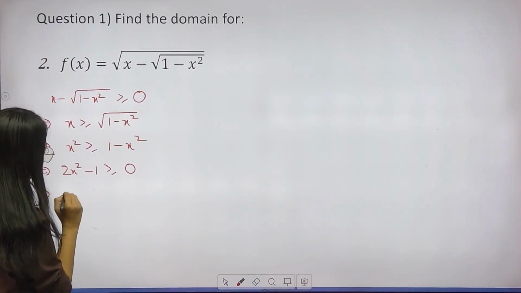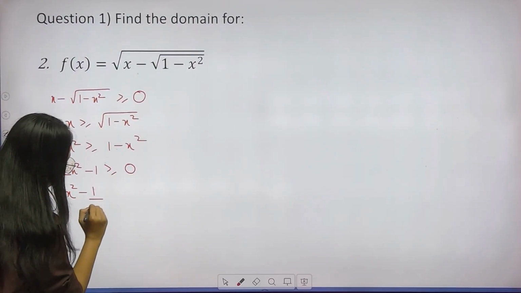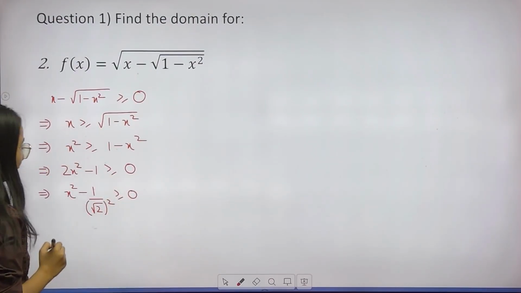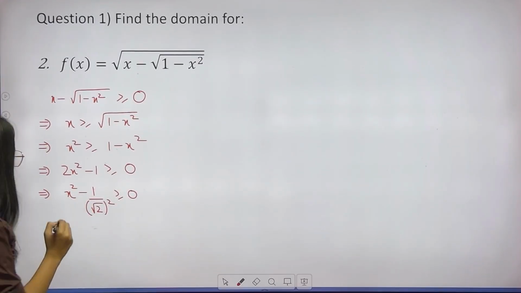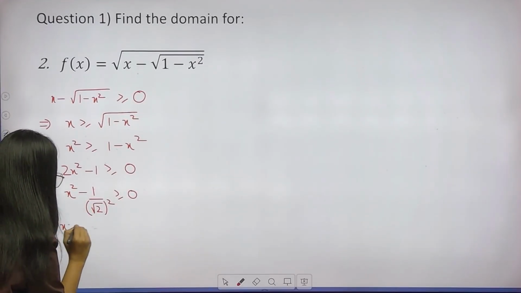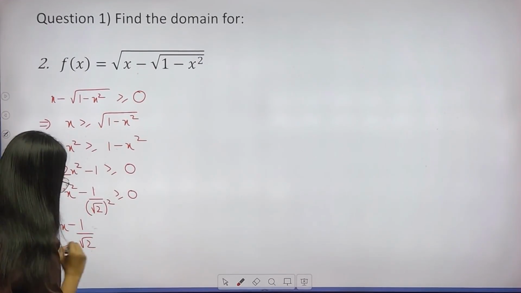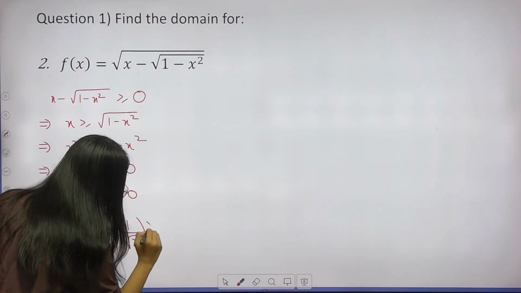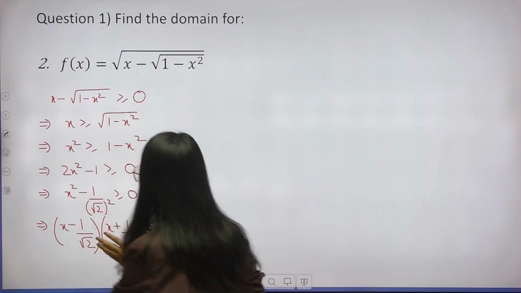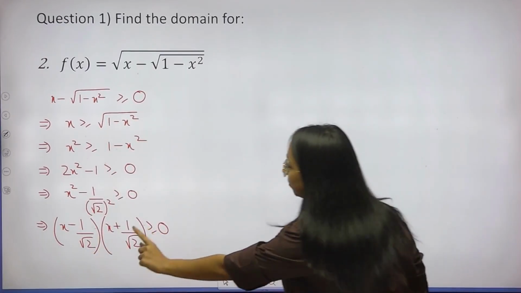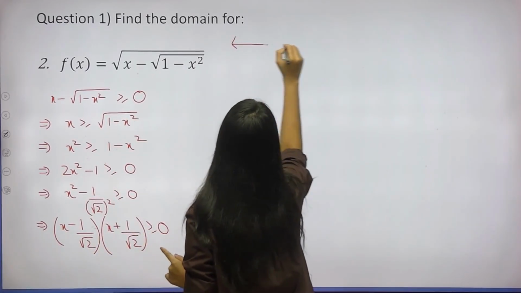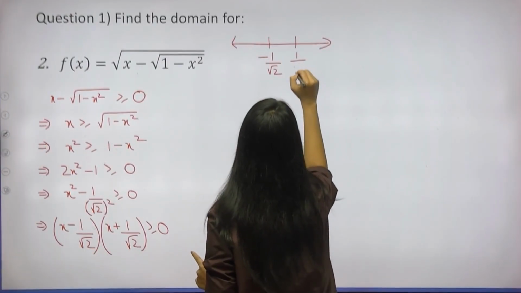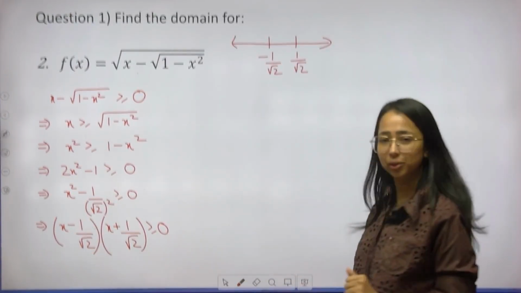Now take 2 common. We have x square minus (1 over root 2) whole square is greater than or equal to 0. Now we'll apply a square minus b square over here and we get (x minus 1 over root 2) into (x plus 1 over root 2) which is greater than or equal to 0. Okay. Now we'll make the number line for this. We have minus 1 by root 2 and 1 by root 2 as two critical points.